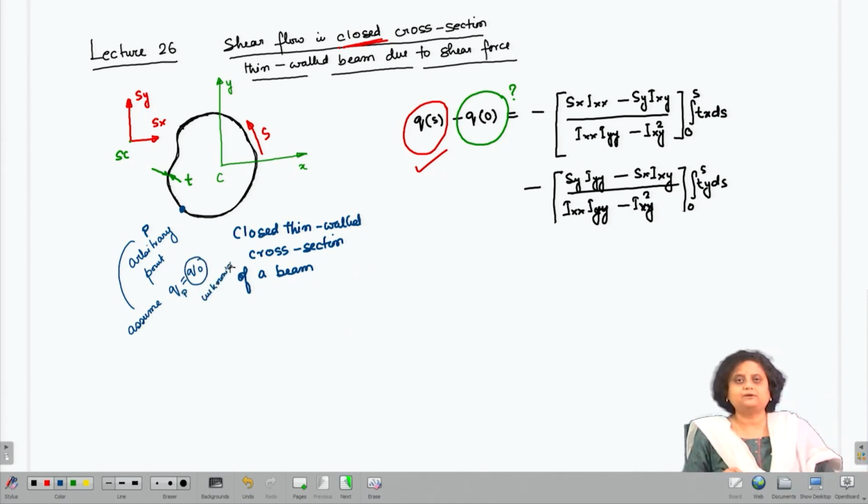And starting from this point, we will find out Qs in the entire cross section of the beam.